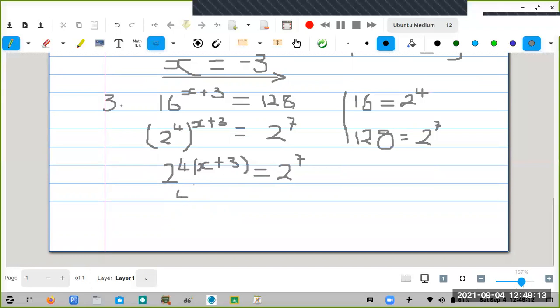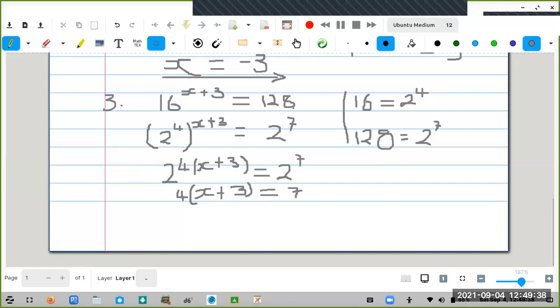The exponent on the left-hand side is 4 multiplied by x plus 3. The exponent on the right-hand side is 7.